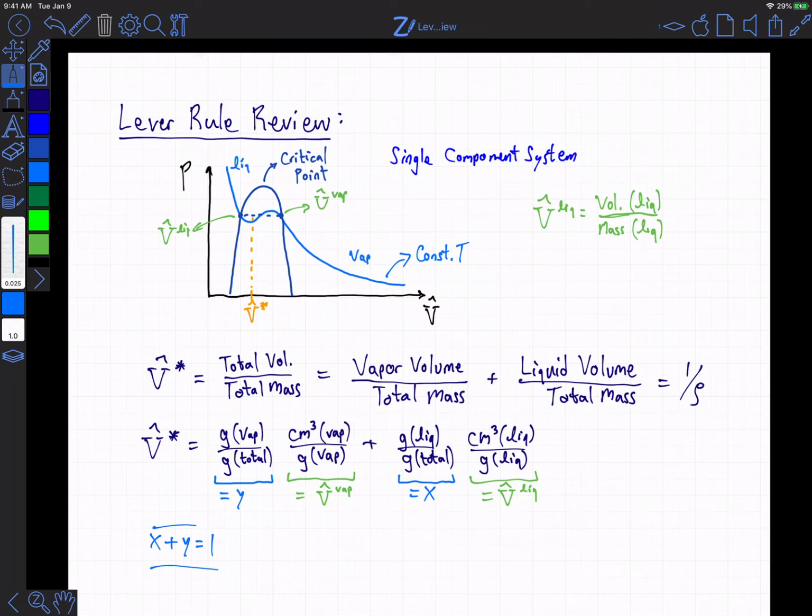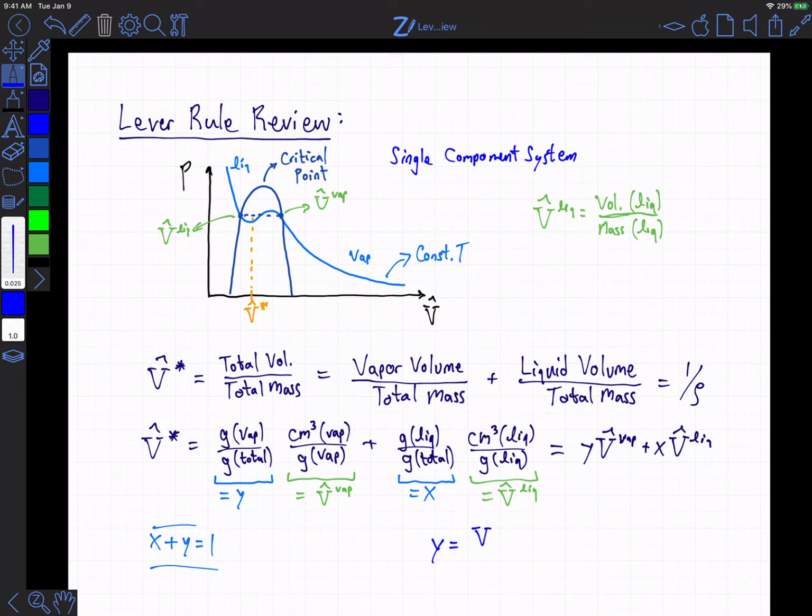And so this then sets us up with a situation where we get y times the specific volume of the vapor plus x times the specific volume of the liquid, and we can come in and solve that for y to answer our question of how much vapor do we have at this particular condition.